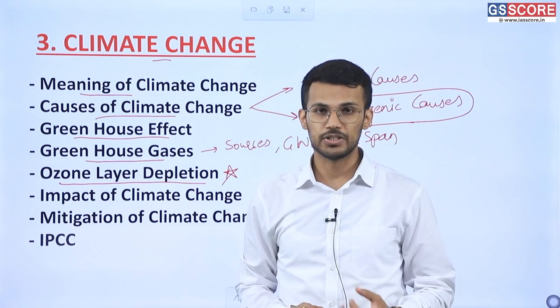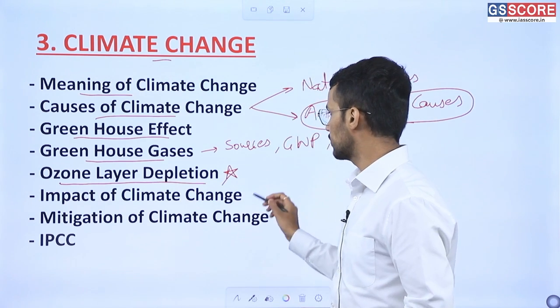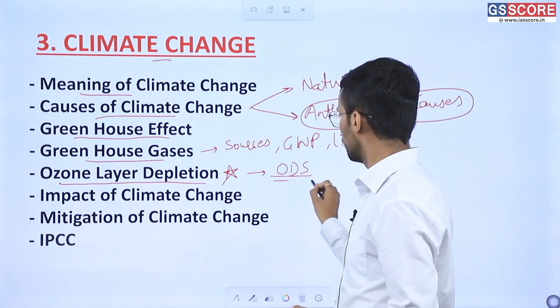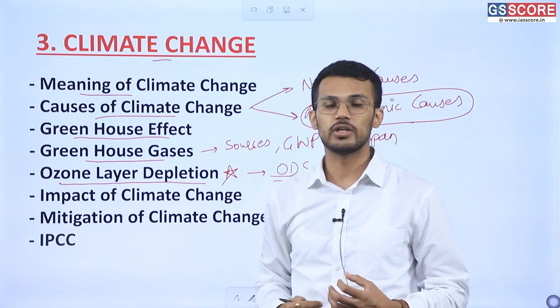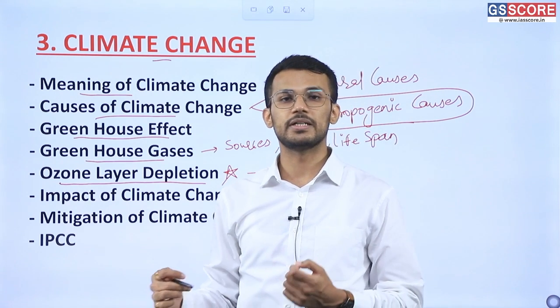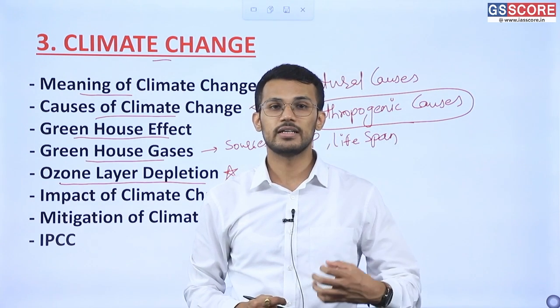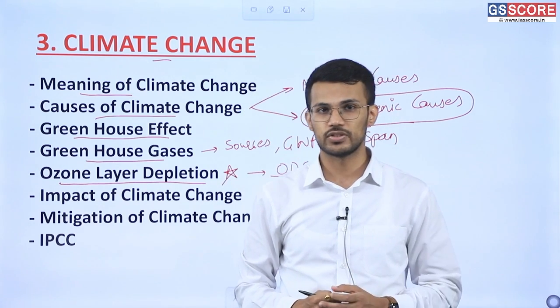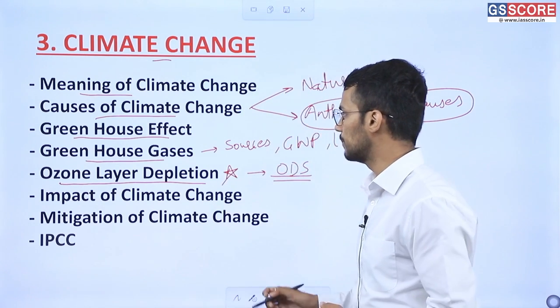Ozone layer depletion is the result of ozone depleting substances. So we'll be discussing how exactly the ozone layer depletes, what is the contribution of ozone depleting substances, and why there is more ozone depletion in the Antarctic region than the Arctic region. Those factors we'll be discussing.